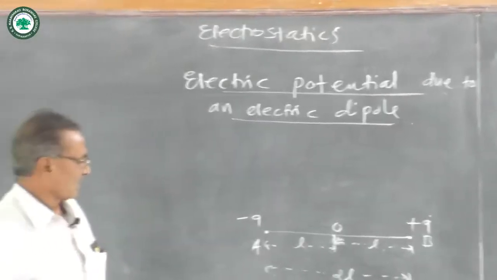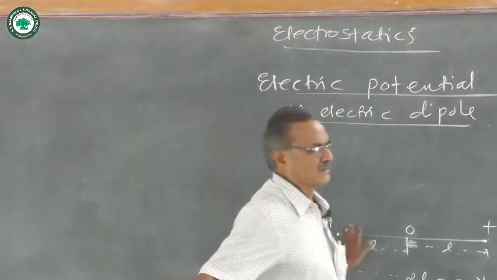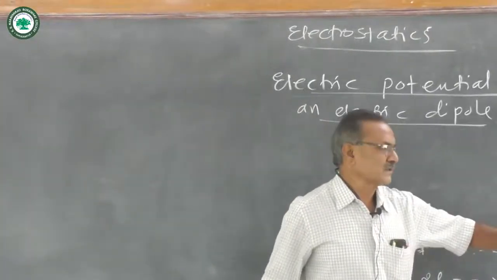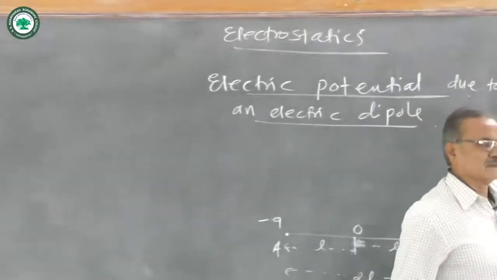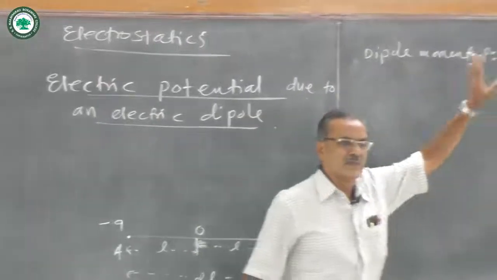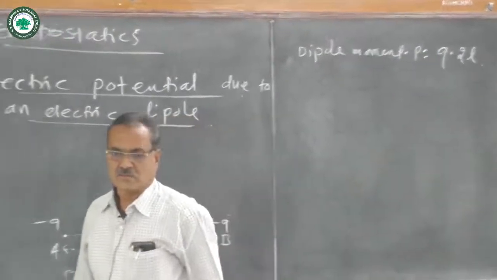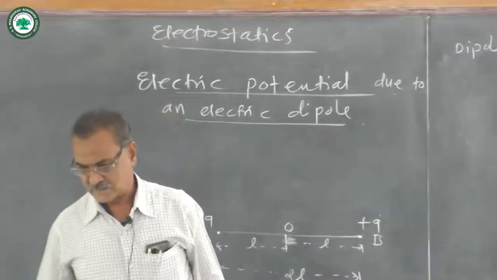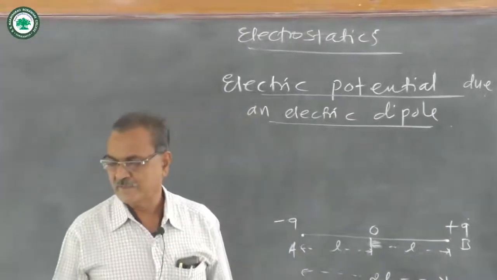This dipole moment is directed from the negative charge to the positive charge, and it is denoted by the letter P. So the dipole moment P equals the product of charge and dipole length, twice L.